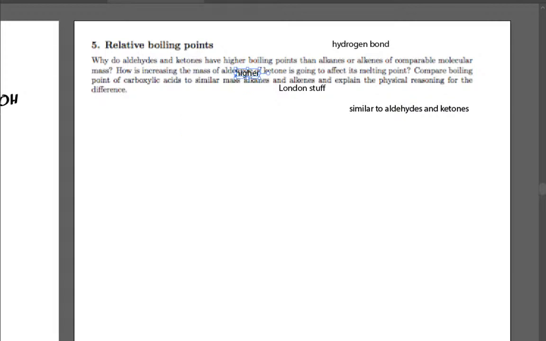Compare the boiling point of carboxylic acid to two similar mass alkanes and alkenes and explain the physical reasoning for the difference. So carboxylic acid, I actually forgot about carboxylic acid. Let me just go ahead and try to find that.